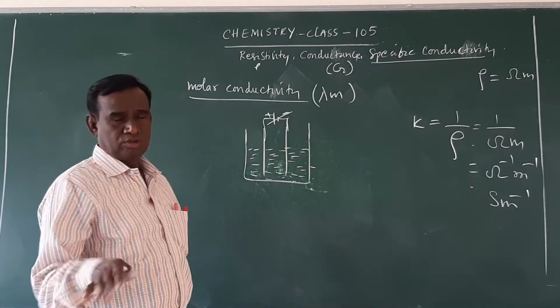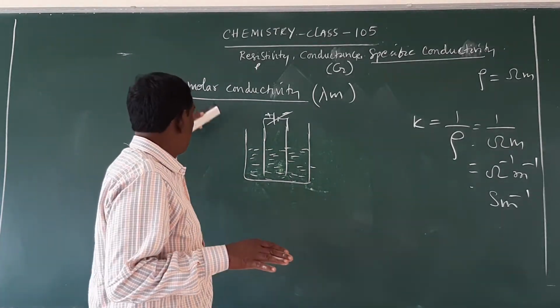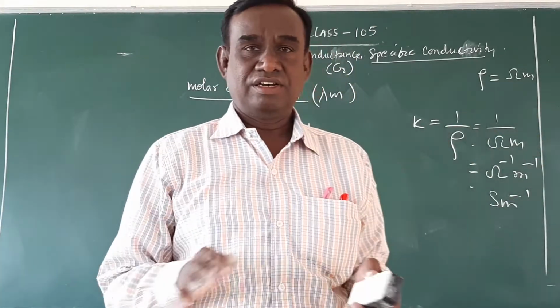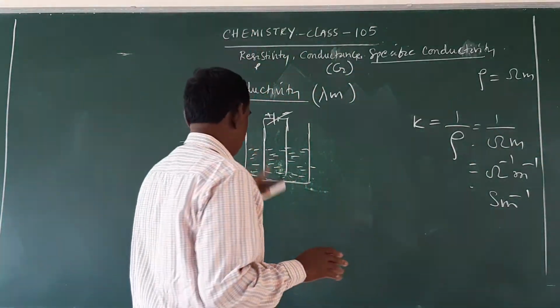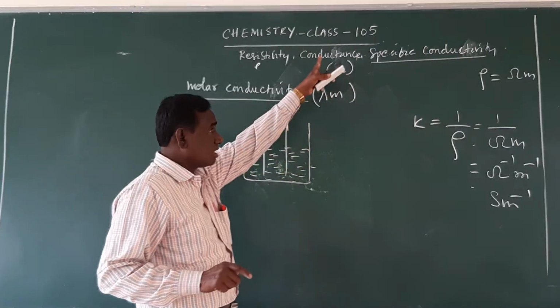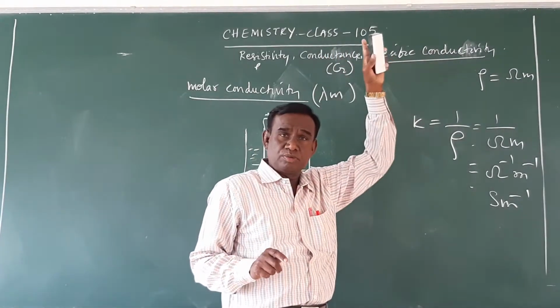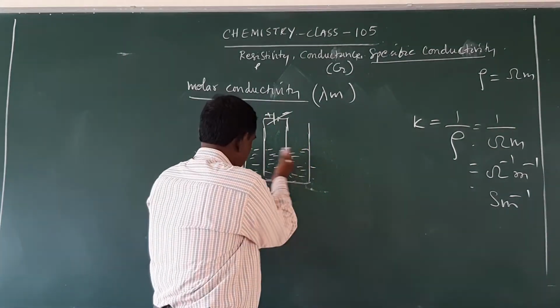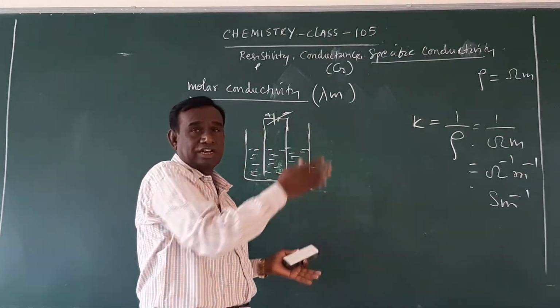But now you see, molar conductivity is the conductivity produced by all the ions, not just in between the two electrodes. Specific conductivity is the conductivity produced by the ions present in between two electrodes only, not outside the electrodes.